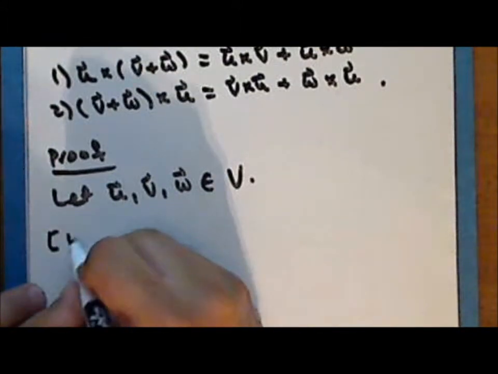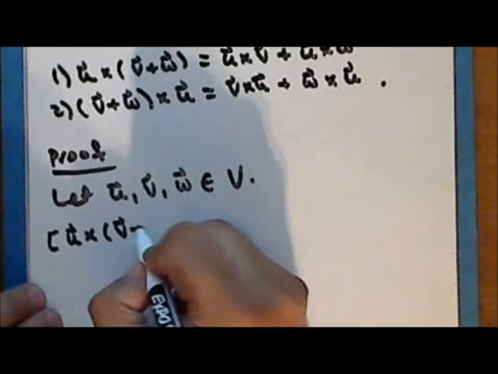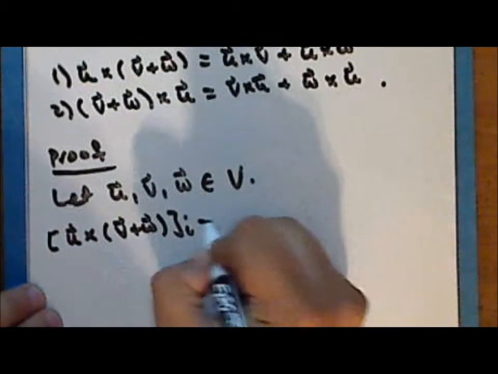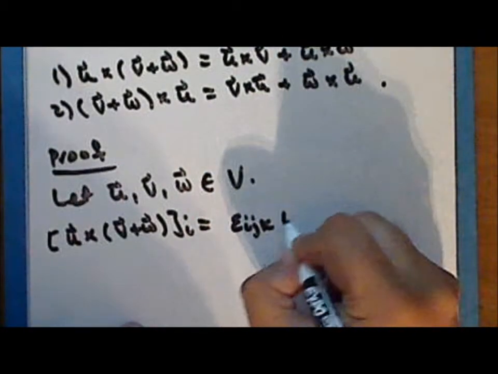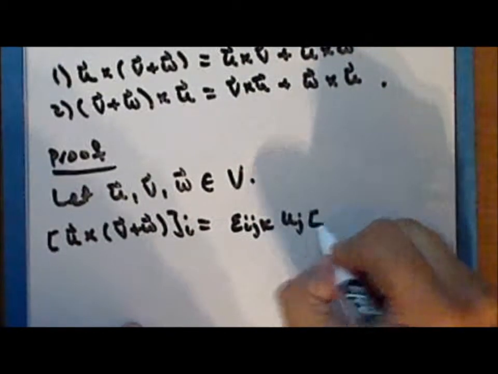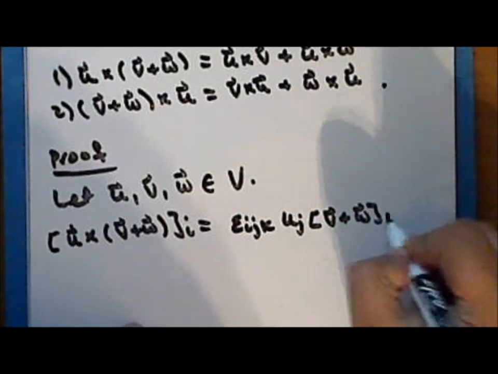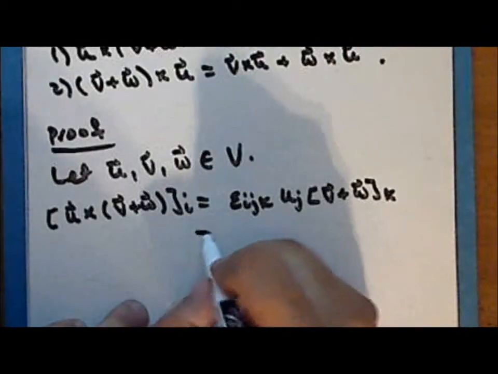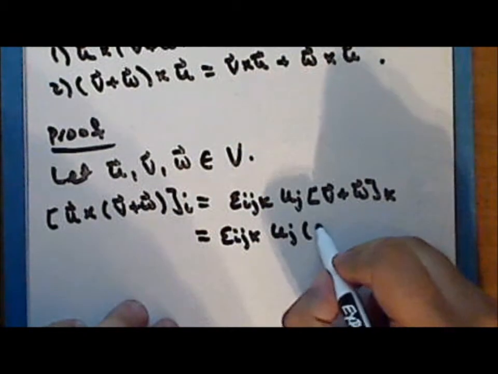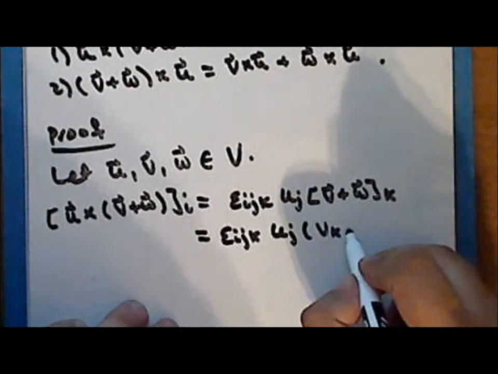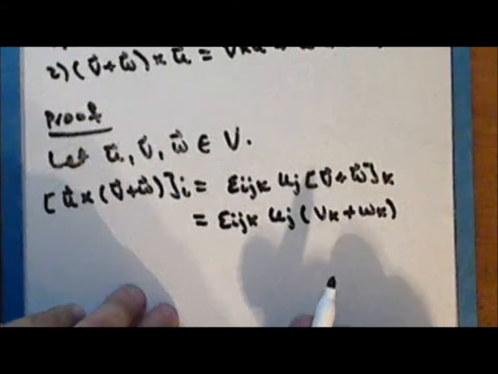The ith component of u cross the sum v plus w is the sum of permuted products epsilon sub ijk, the jth component of the vector u times the kth component of the vector v plus w. This is epsilon sub ijk u sub j times the sum v sub k plus w sub k, as this is the kth component of the vector v plus w.